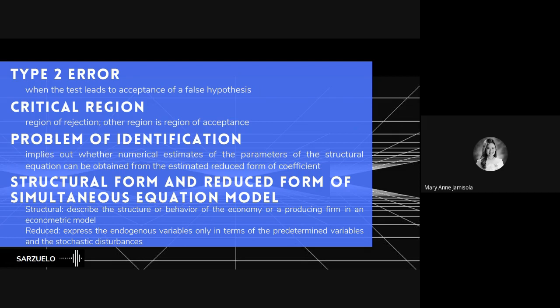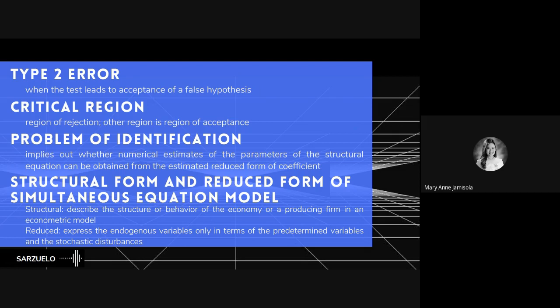Okay, and then we have the structural form and reduced form of simultaneous equation model. The structural form describes the structure or behavior of the economy or of a producing firm in an econometric model. The reduced form expresses the endogenous variables only in terms of the predetermined variables and the stochastic disturbances.